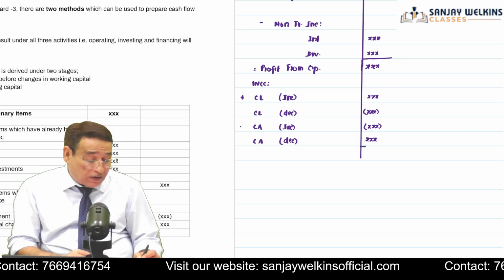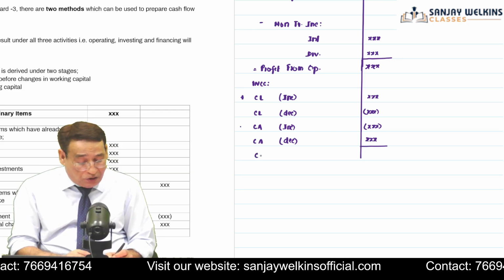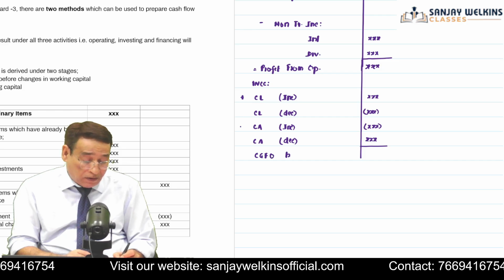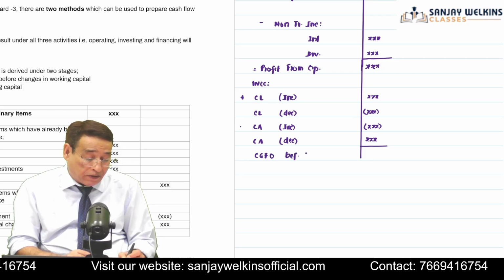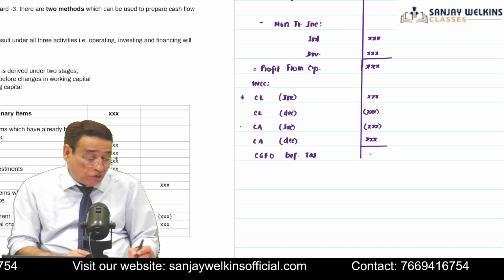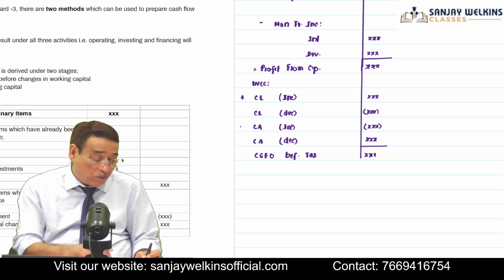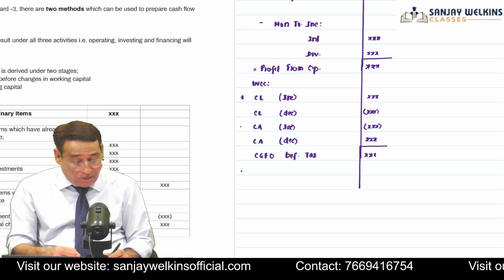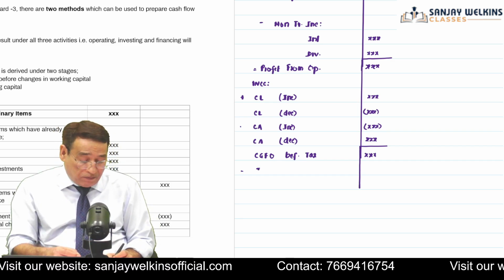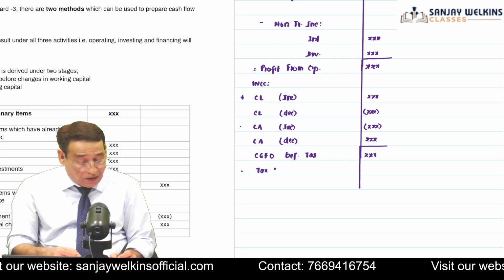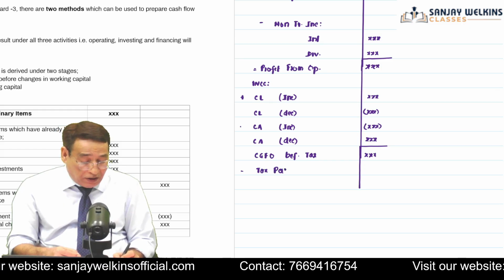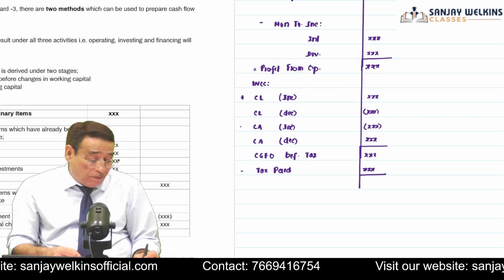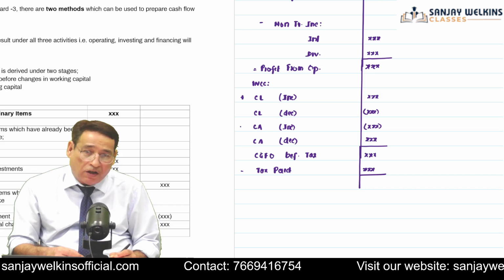After adding all these items, we get cash generated from operations before tax. Once we get this particular item, we subtract tax paid. Tax paid is subtracted as the last item. And then we get cash generated from operating activity.